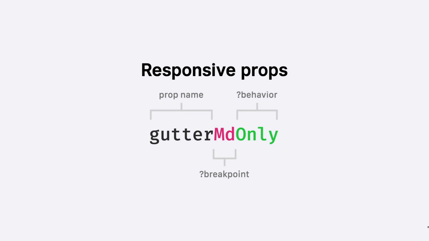Basically, Atomic Layout would try to understand your prop name, and in case it contains the breakpoint, which is medium here, it would know that the value of this prop name should be assigned only on medium breakpoint and up. But in case you supply an optional behavior, like only or down, it will also be taken into account. So in this case, we would have the gutter only for medium screens, medium breakpoints.